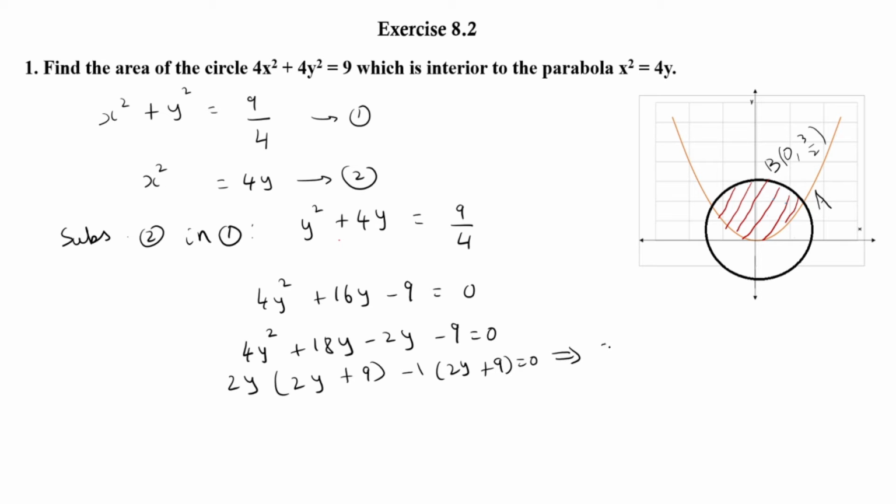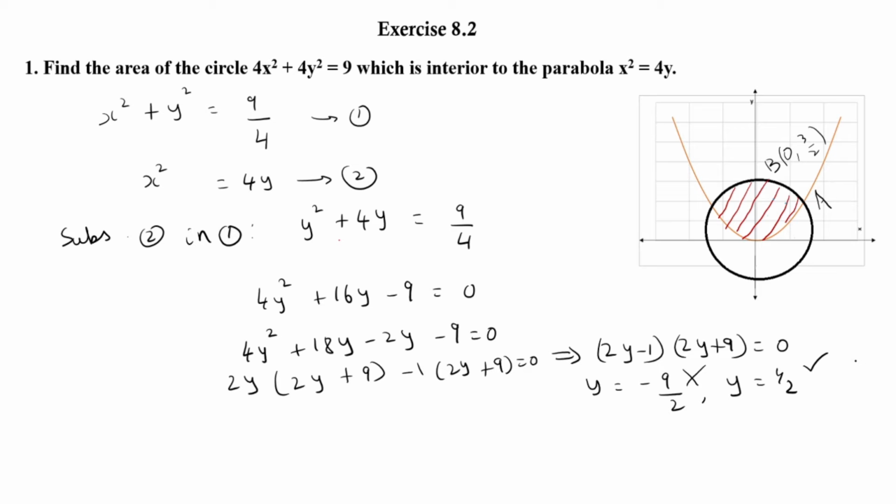So from this we have 2y minus 1 into 2y plus 9 is equal to 0, or y is equal to minus 9 by 2 or y is equal to half. We do not take y is equal to minus 9 by 2. So y is equal to half.